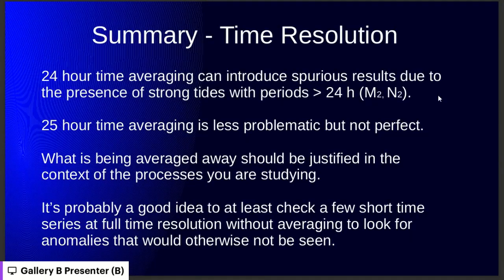I guess it depends on the scientific question, but this is maybe suggesting that you might want to look at just what is at given times rather than averaging over those periods. Yes, I think so.